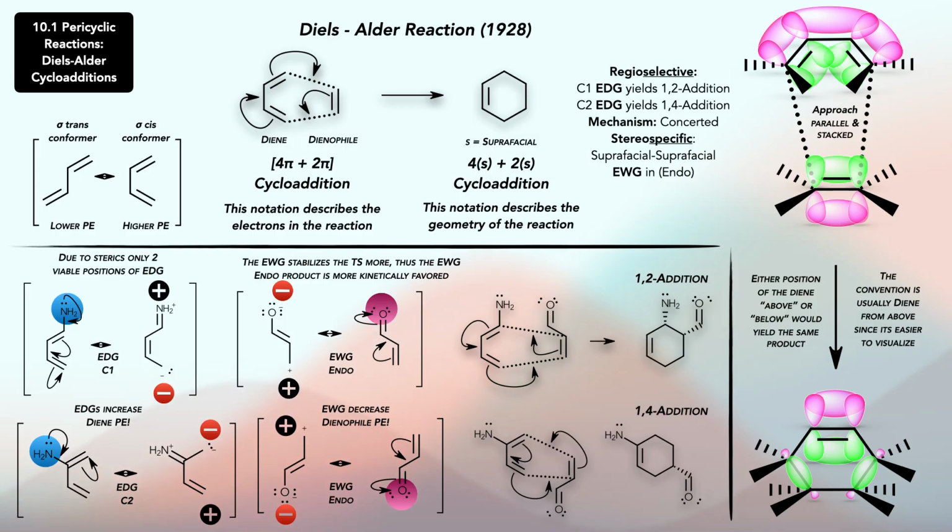Regioselectivity emerges when electron donating groups raise the diene's highest occupied molecular orbital, and when electron withdrawing groups lower the dienophile's lowest unoccupied molecular orbital. The largest HOMO coefficient aligns with the largest LUMO coefficient. Orbitals react where their amplitudes match best. And that's it.